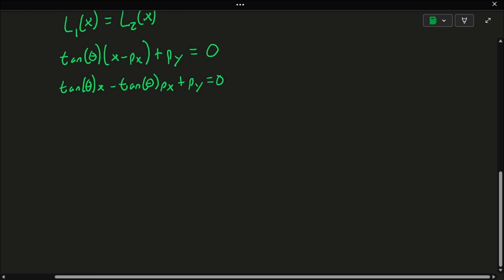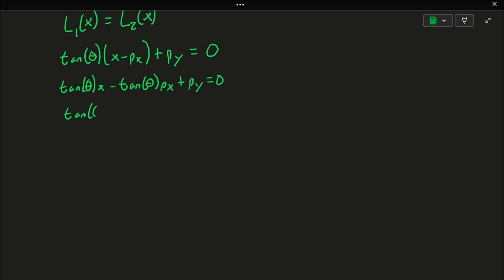Right? And then we can move all of those n terms off on the other side, so we get tan theta x equals, let's see, tan theta px minus py.